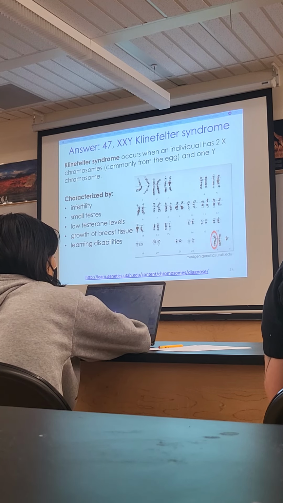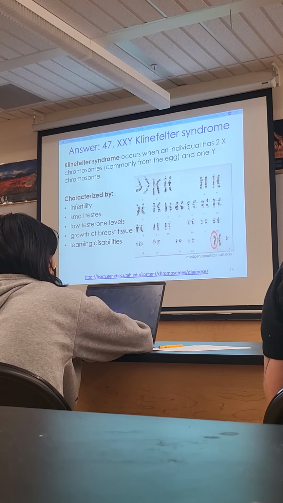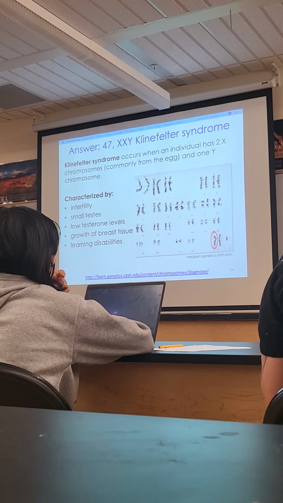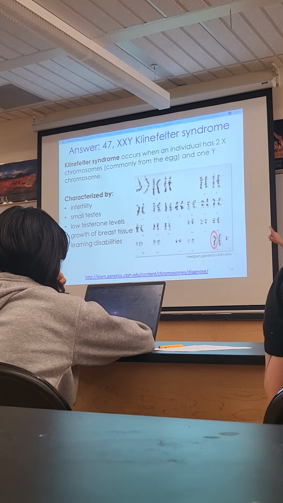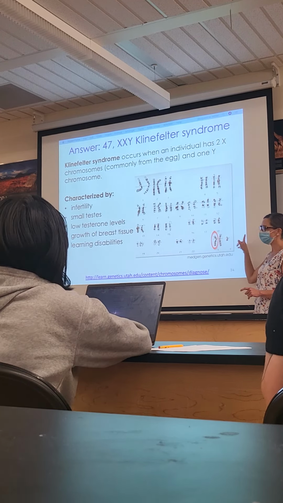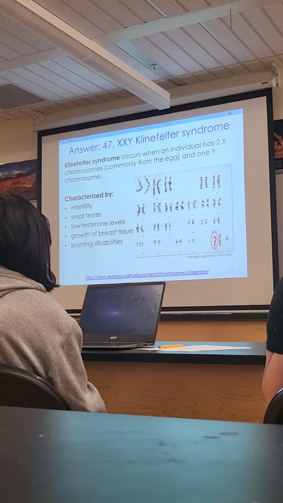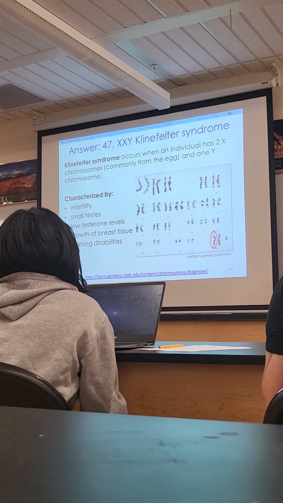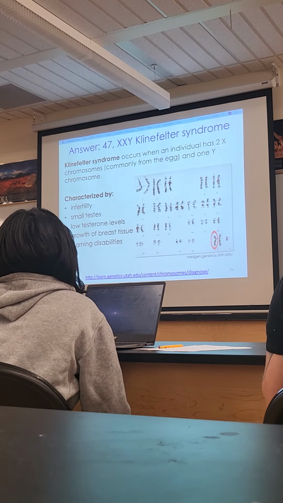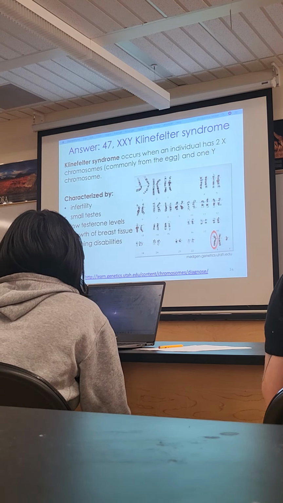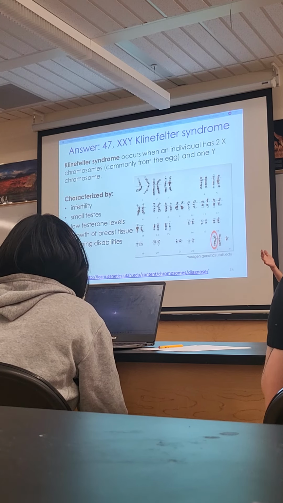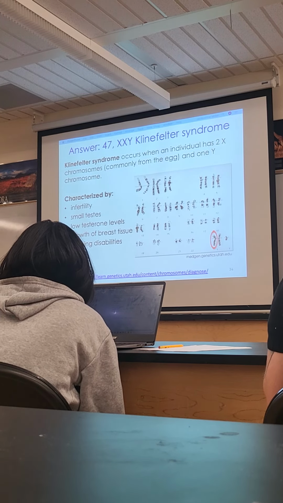The other one that is pretty common is called XO, where you just have one X and you don't have a second sex chromosome. So given what I just told you about how sex is determined, if you had XO, what would you think primarily the characteristics would be for that individual, male or female?